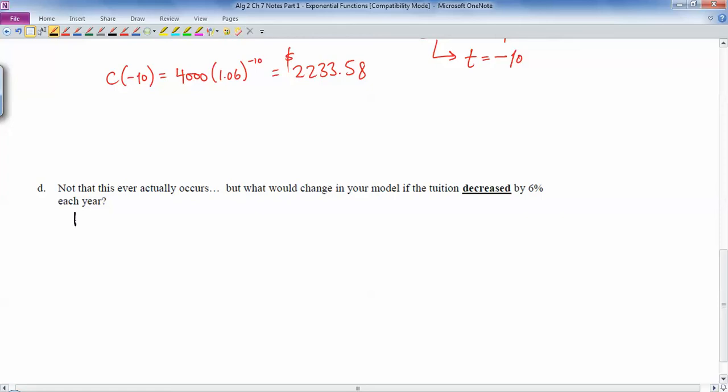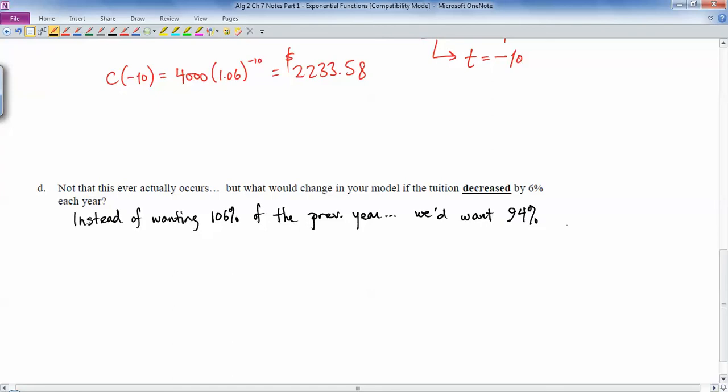So instead of wanting 106% of the previous year, we'd want 94% instead, right?